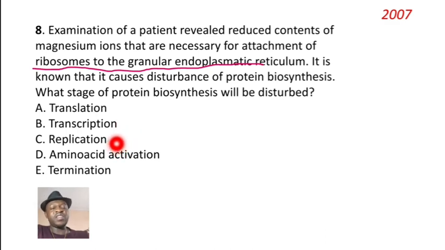Replication is something different, occurring in cell division. Amino acid activation happens during protein synthesis, but it has nothing to do with magnesium ions. And termination, no. Just remember, magnesium ions are necessary for attachment of ribosomes to the granular endoplasmic reticulum. So the answer is translation.